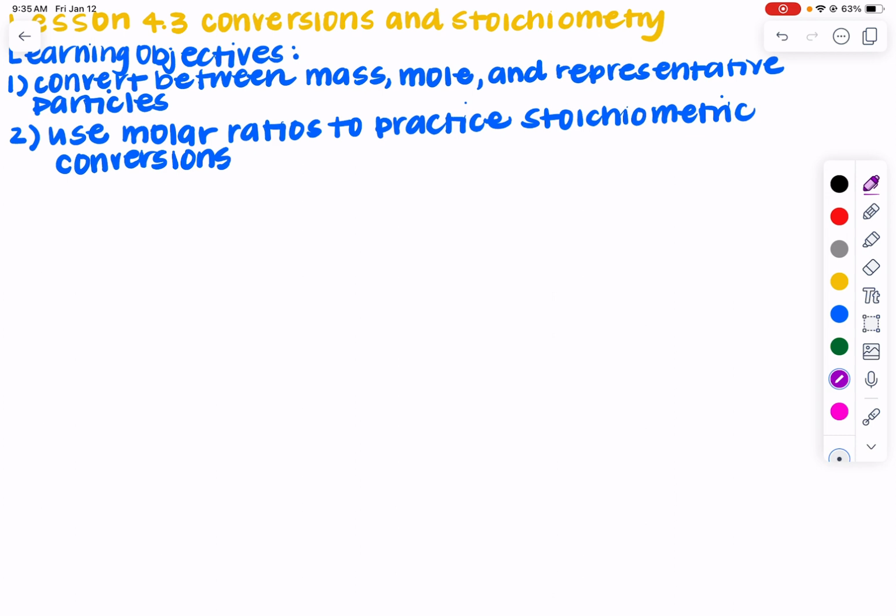So the first thing we want to review, when we talk about stoichiometry and using stoichiometry as a form of conversions, we need to remember that 1 mole is equal to 6.02 times 10 to the 23rd atoms.